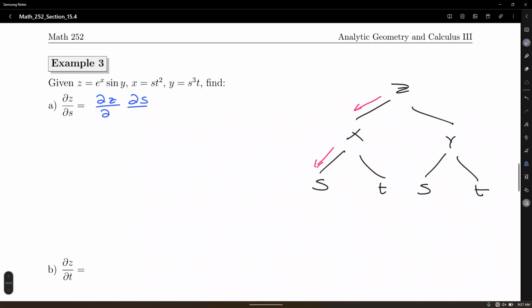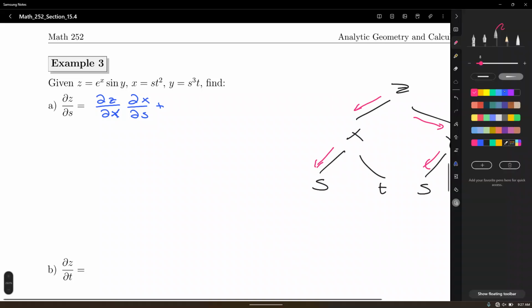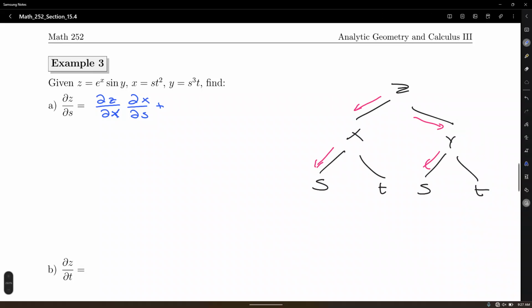And then dx, ds, plus the other branch that also takes us from z all the way to s. That is going from z to y and from y to s. That is partial of z with respect to y times partial of y with respect to s.